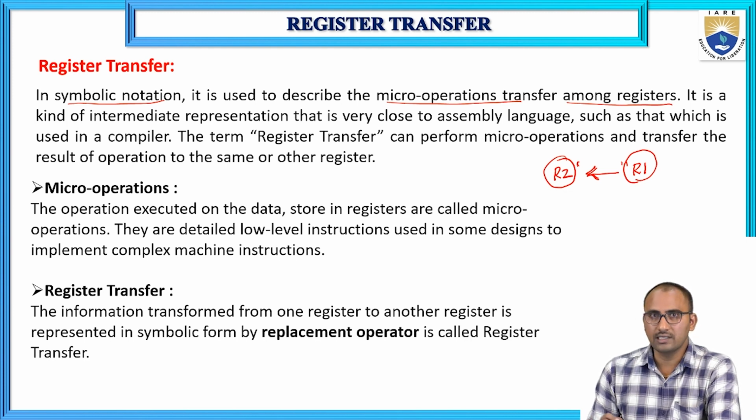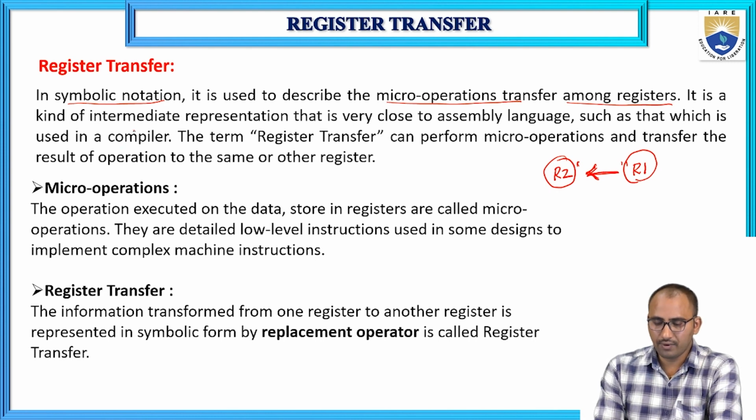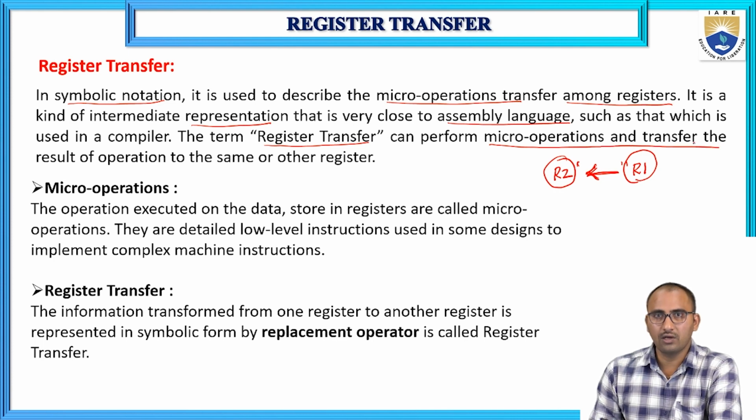In simple terms, we show register transfer using a symbol, that is a left arrow. It is a kind of intermediate representation that is very close to assembly language, such as that which is used in compilers. So register transfer can perform micro operations and transfer the result of the operation into a new register.